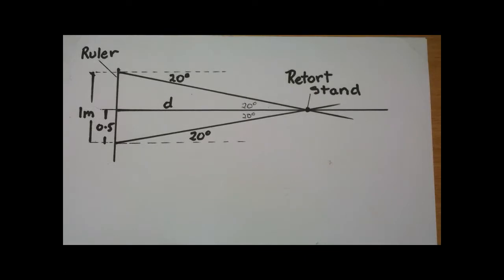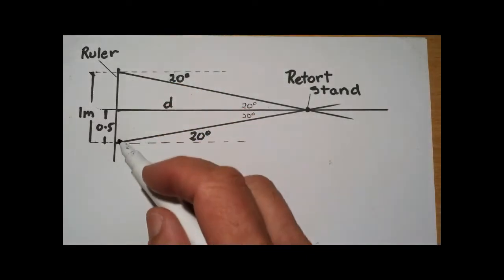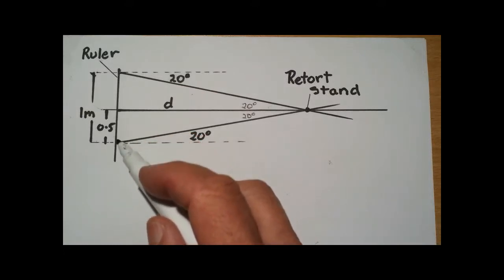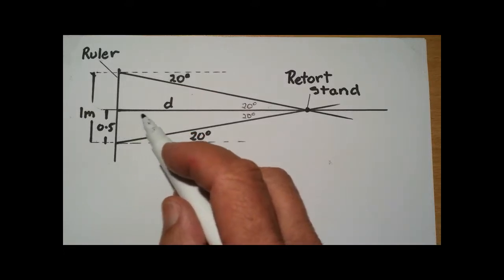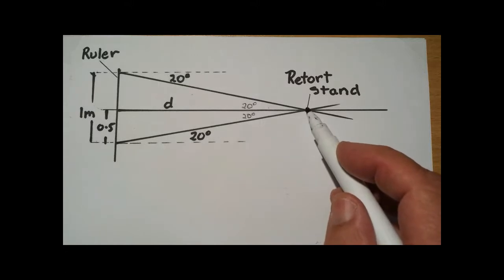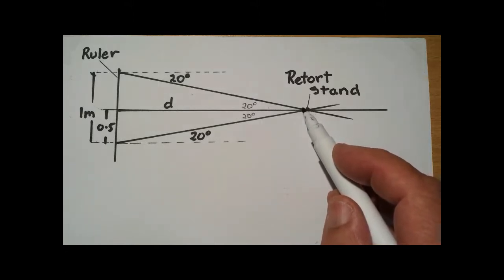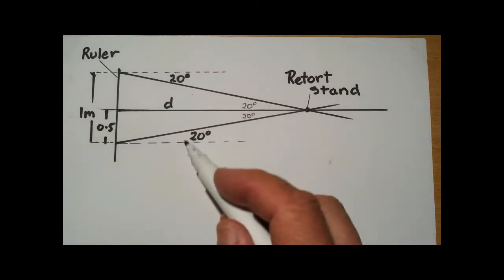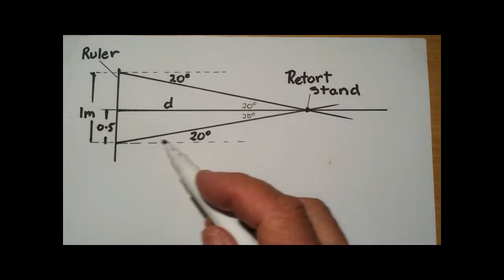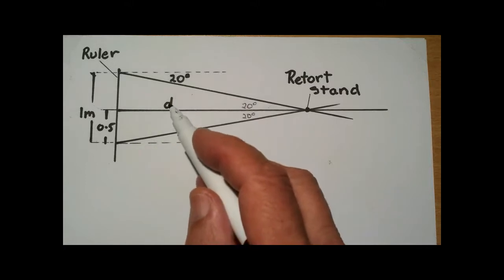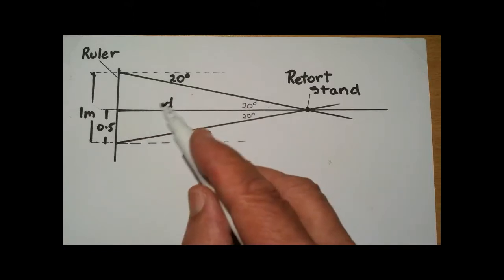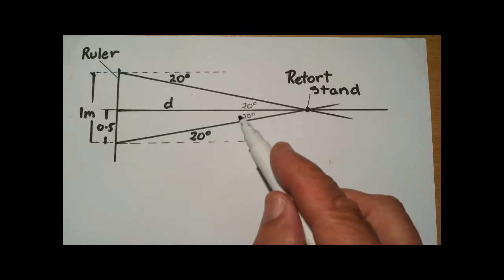This is the situation that we've got. Here's our ruler of 1 metre, which means half that distance is 0.5 of a metre. We're interested in this distance D here to the retort stand. We've got an angle here of 20, maybe that should be 21, but anyway, in order to find D, what we can do, of course, is get the tan of this angle.